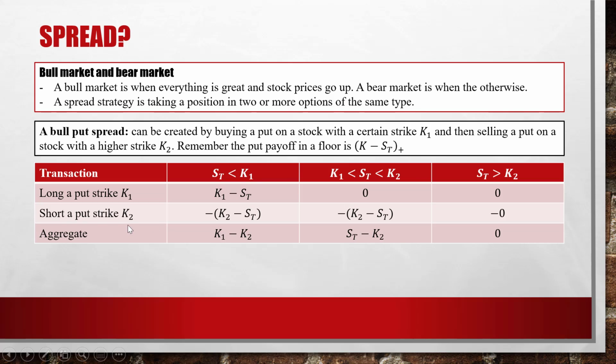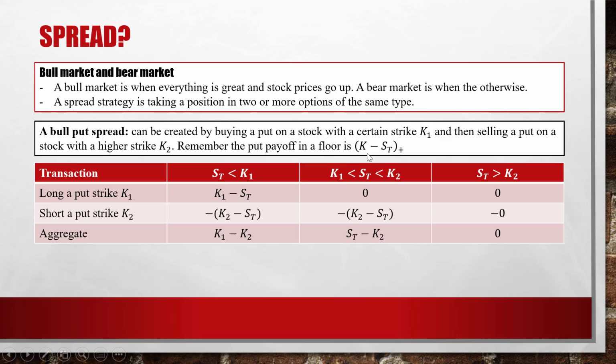When we short a put, don't forget that when you short, you have to flip the sign of the payoff, because long means buy and short means sell. When you sell, you receive money, right? So here, when the stock price is less than the first strike, we use K1 as K. So K minus ST here is just K1 minus ST. With the plus sign, we consider a maximum between K1 minus ST and 0; in this case, we use K2.